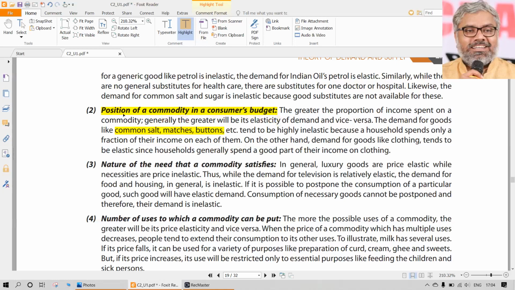So naturally, what happens? The consumer will not be really bothered about any increase in the prices of these things. Even if there is an increase in price, he will not have much problem buying them because they are still very cheap.